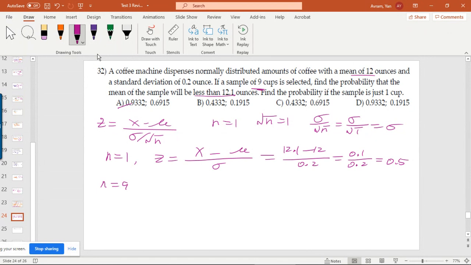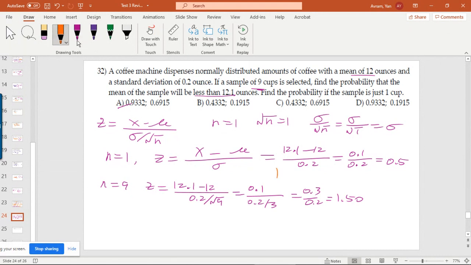When n is equal to 9, what happened with the g? For 12.1, you will have to divide by the square root of 9, and the square root of 9 is 3. So that's 0.3 over 2, that's 1.50.